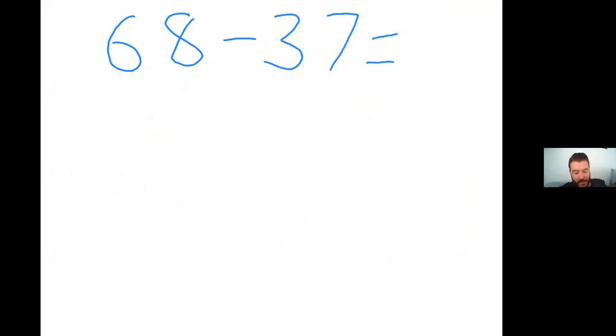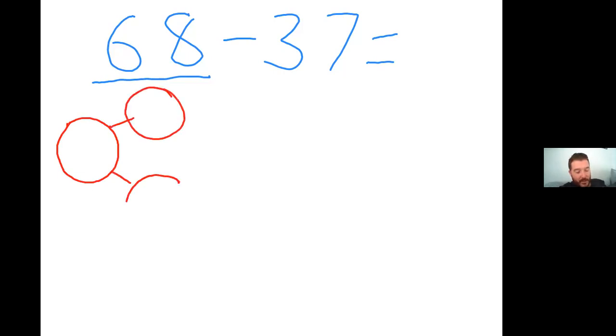Again, always partition my whole number. Always do that. And I'm going to do my part whole model on its side because then it's easier to take away each part. So my whole number is 68. How many tens are there in 68? 60. And 8, so it's 60 and 8.